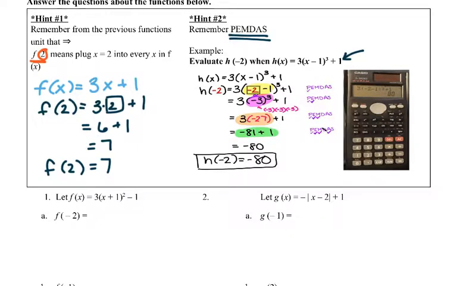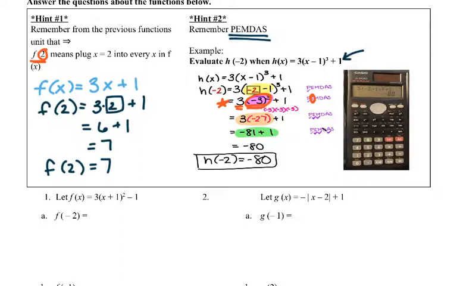Now, this next step is something that people mess up quite often. You see you have 3 times -3 to the 3rd power, then plus 1. Do not multiply that 3 times -3. The next step is exponents there. And the exponent belongs to the -3, which means that we're taking -3 and multiplying it times itself.